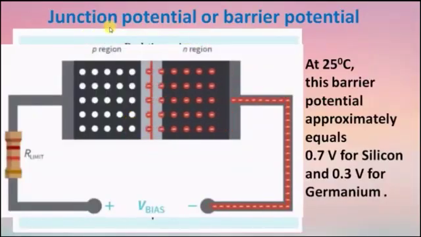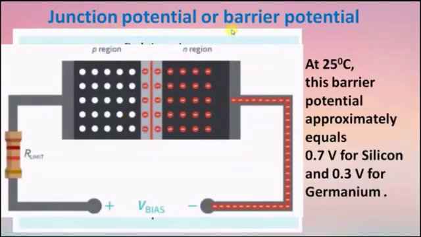Next we are going to see junction potential or barrier potential. The recombination of the charge carriers takes place only up to a certain point, beyond which the depletion layer acts like a barrier to further diffusion of the free charges across the junction. This is because the immobile ions on both sides produce an electric potential difference across the junction.